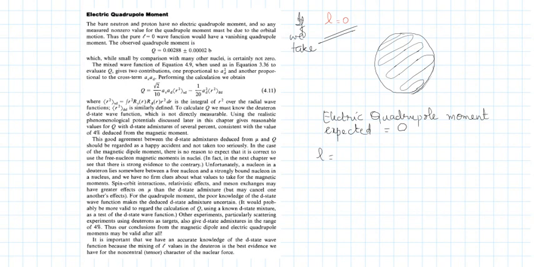It is a mixture of L equal to 0 and L equal to 2 in the proportion of 96% L equal to 0 state and 4% L equal to 2 state.